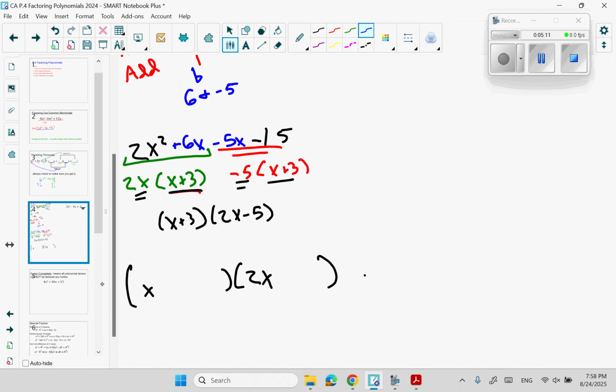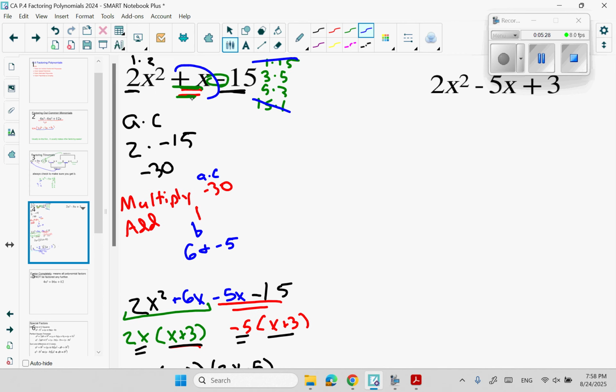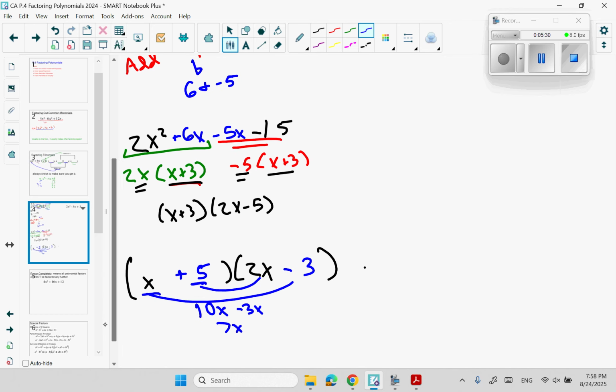Well, if I put the 3 here and the 5 here, and let's say we make this negative and this positive, 5 times 2x would be 10x, and x times negative 3 would be negative 3x. That would give me 7x for a middle term, which is not what I want. I want just 1x.